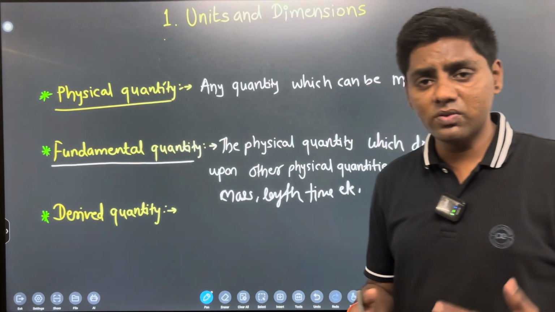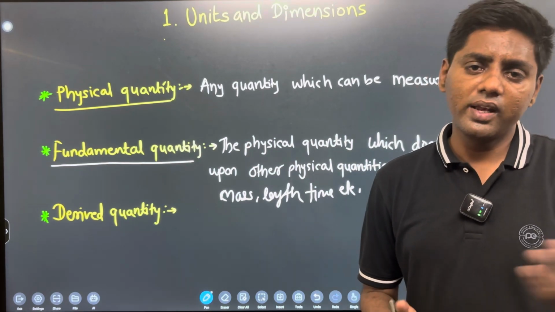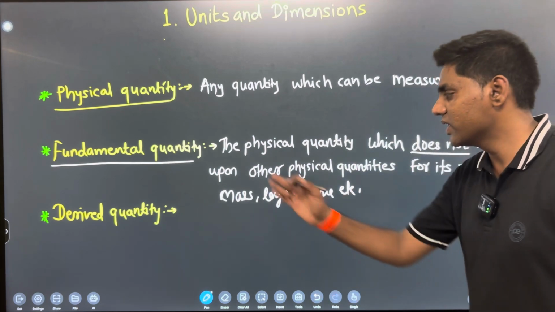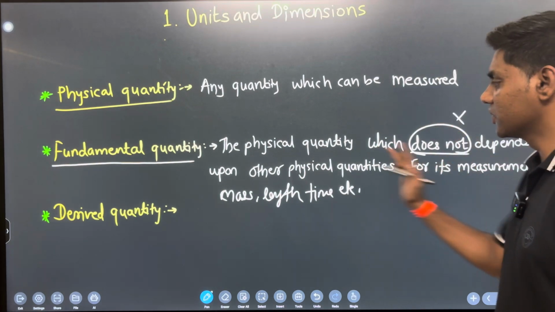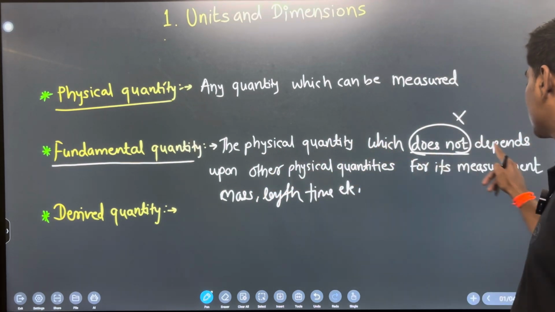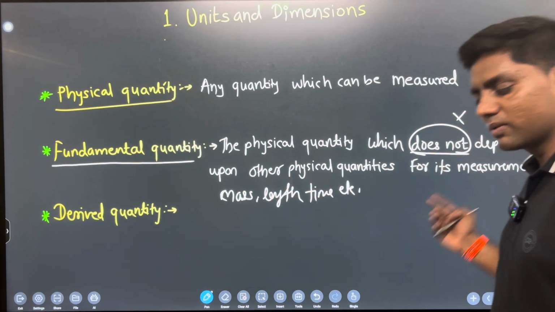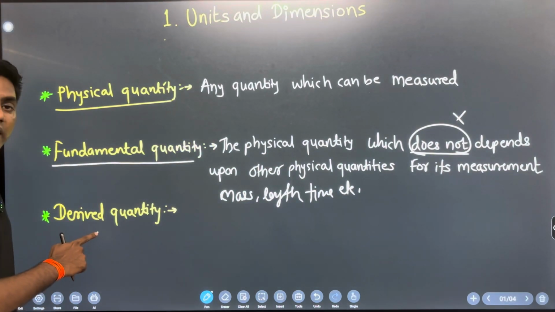Derived quantities, very easy to remember, are those quantities which depend on other physical quantities for their measurement. So the definition is very easy, just leave out the word "not" and write the rest. That is the physical quantity which depends upon other physical quantities for its measurement. Such physical quantities we call derived quantities.